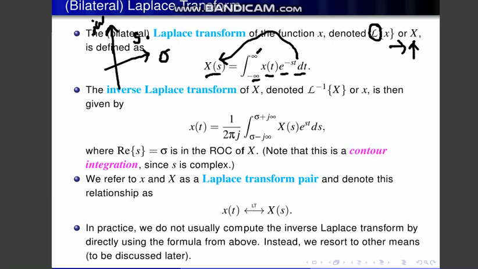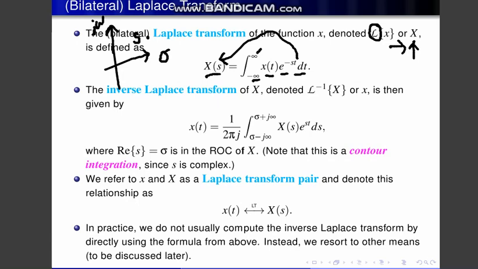That's not similar to the Fourier transform. In the Fourier transform, here you can see X of omega. That means in the Fourier transform the time domain is transformed to the frequency domain, and the notation under the X was omega, meaning angular frequency.